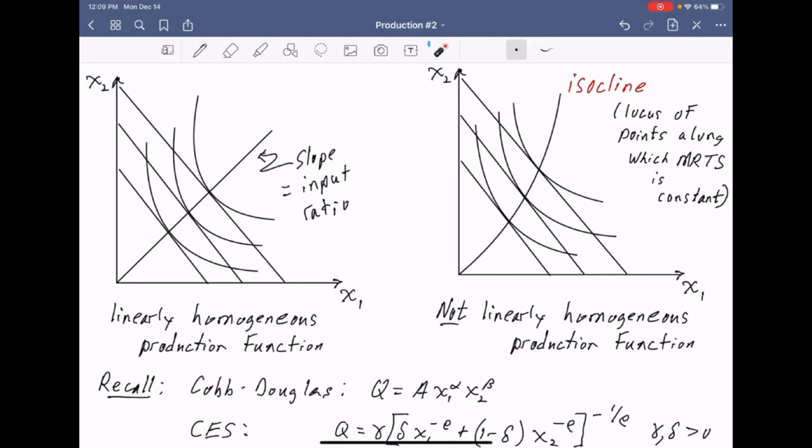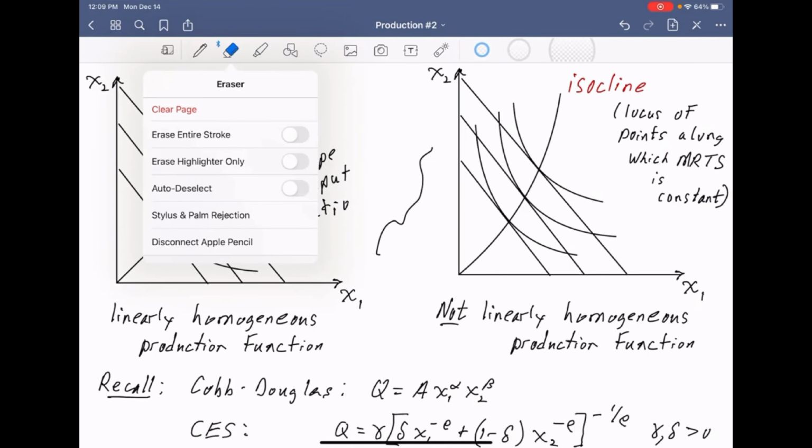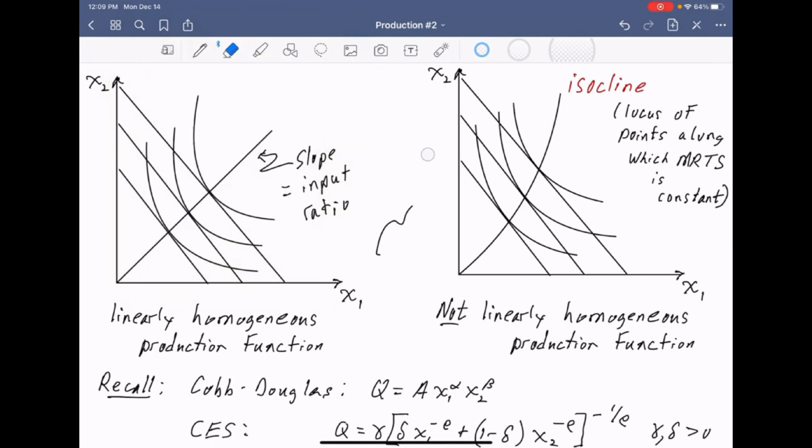If it's not linearly homogeneous, then the isocline might look like this, or it might have any kind of an odd shape. For example, it might roll along like that. But what we have here is just a smooth one that I've drawn in for those purposes.